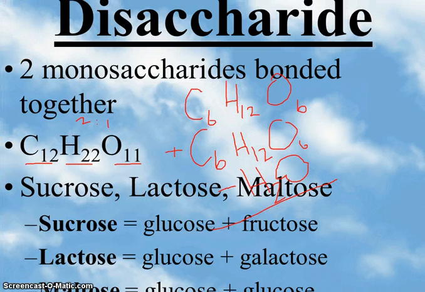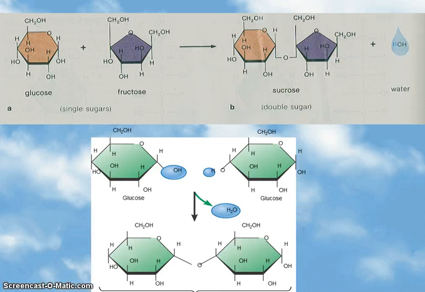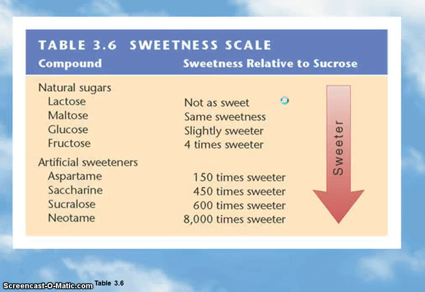So you are going to have to memorize that. Sucrose is glucose and fructose, lactose is glucose and galactose, and maltose is glucose and glucose. And this is just showing you we're making sucrose, so we're adding glucose plus fructose minus the water to give you sucrose. And this is a little diagram that your book has that shows you the sweetness of the different types of sugar.